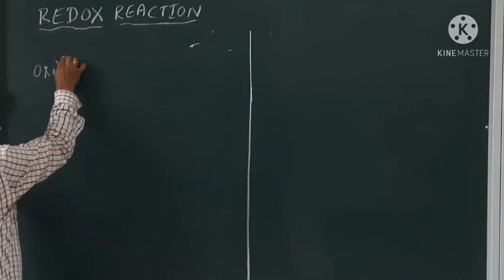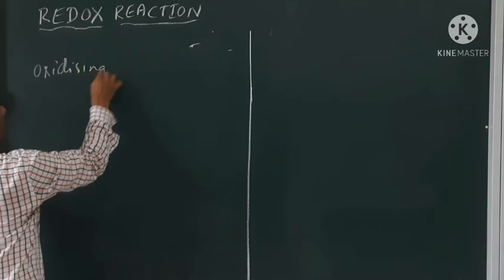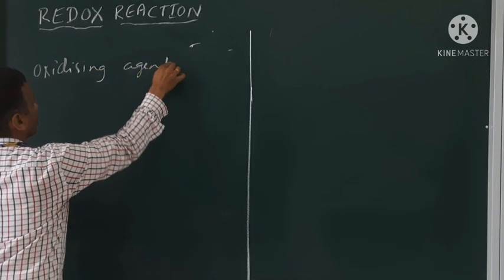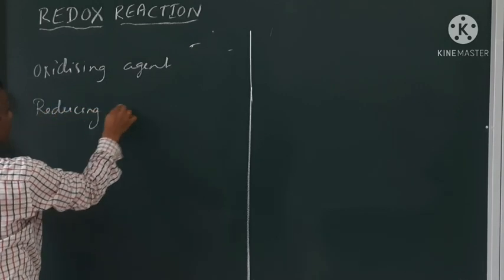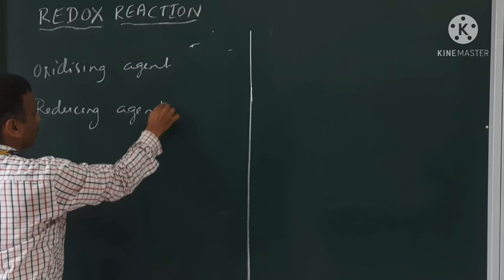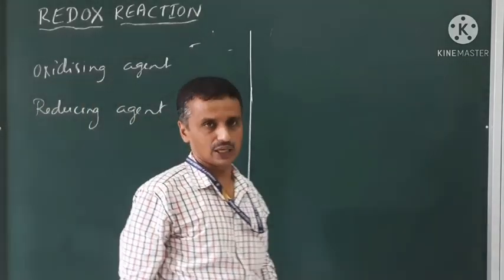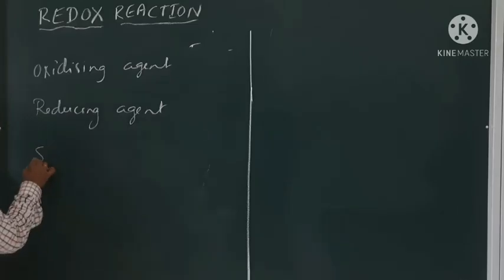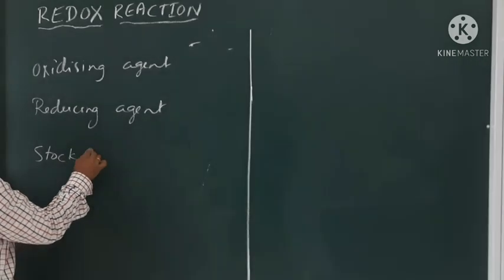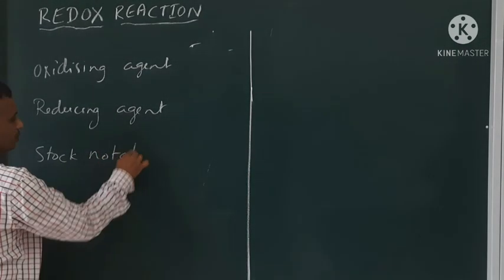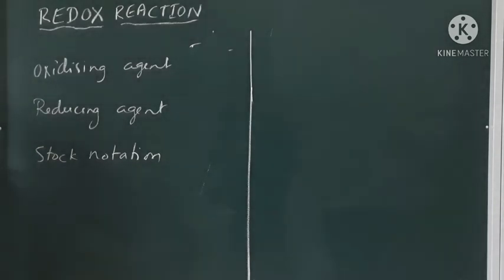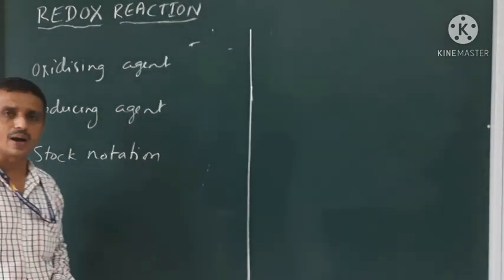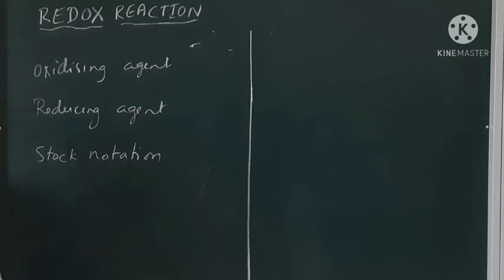Oxidizing agent, reducing agent. What are these? That also you have to study along with examples. Followed by stock notation. What is this stock notation? How to represent the stock notation for a certain compound, that also you have to study.